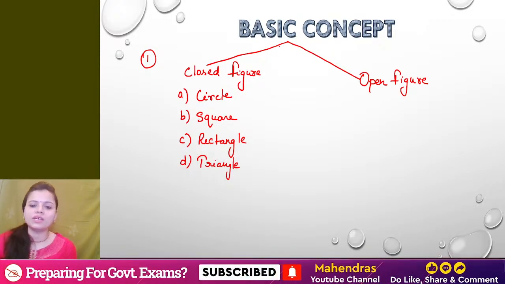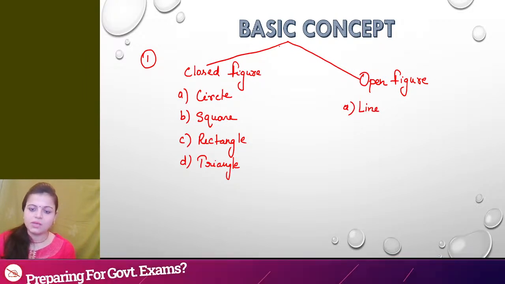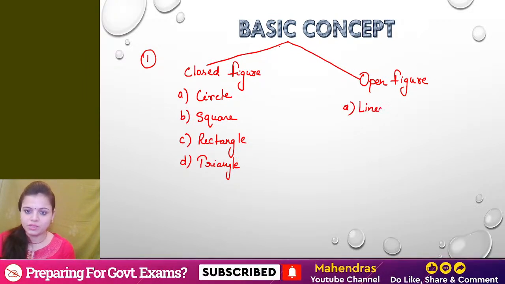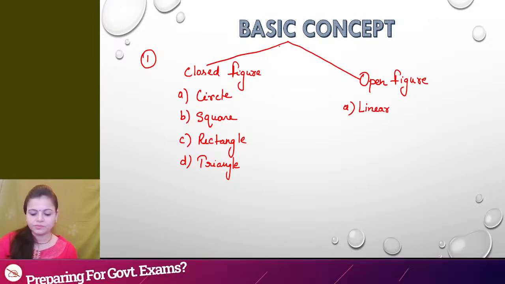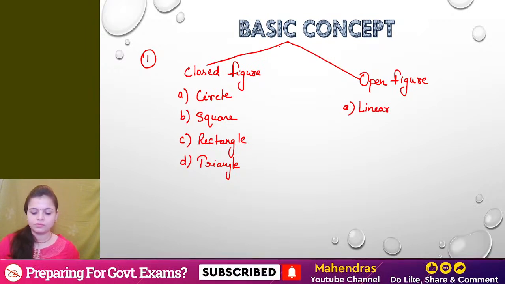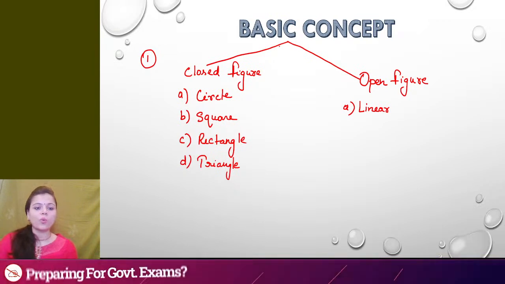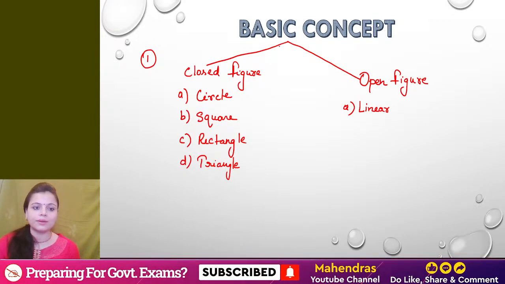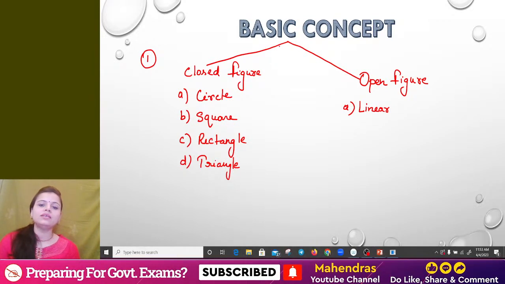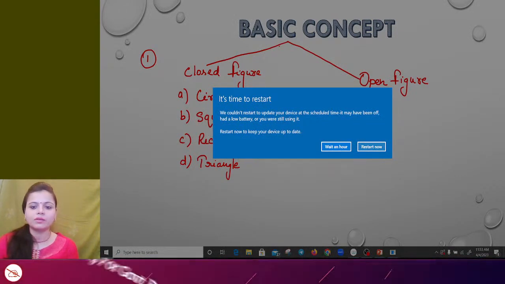And in open figure there is line arrangement or linear arrangement. So these are the types. The circle, square, rectangle, triangle are for closed figure, and linear is for open figure.